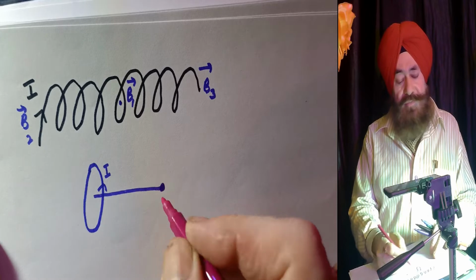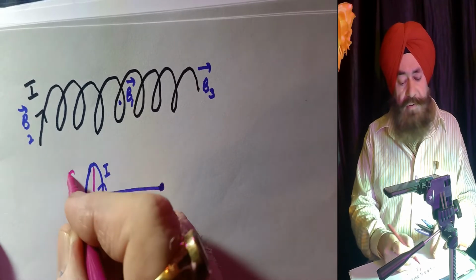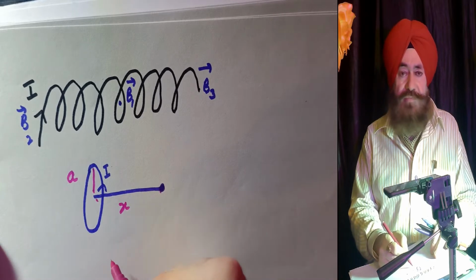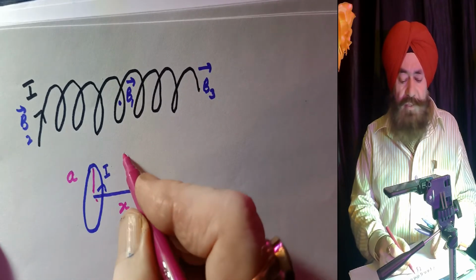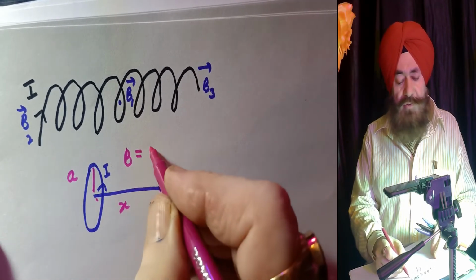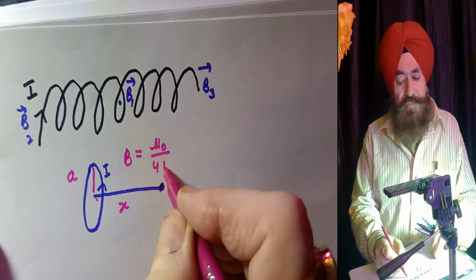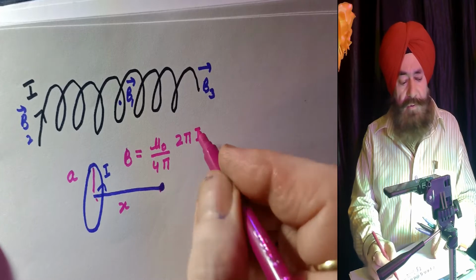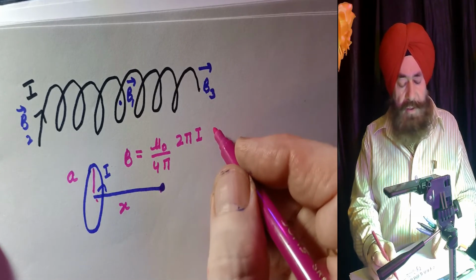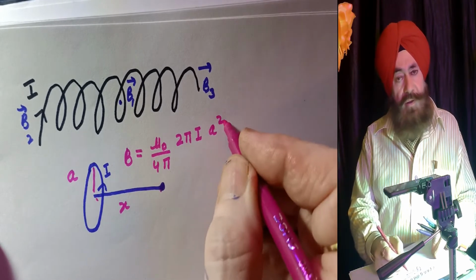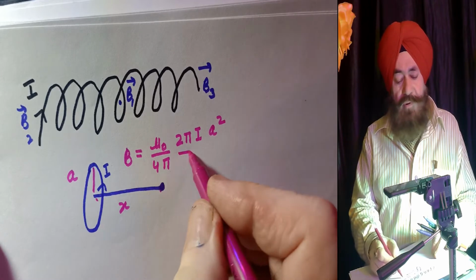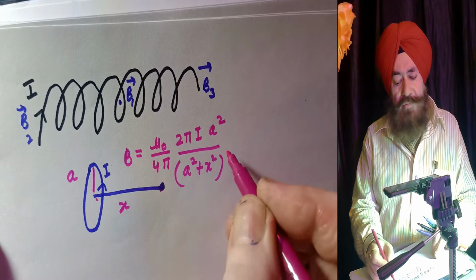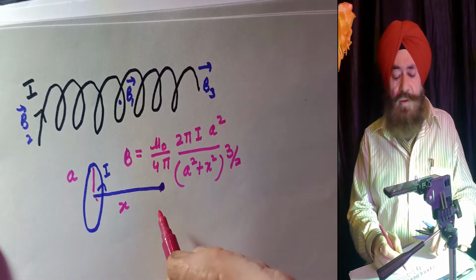The radius of the ring is a. The distance from here to here, let it be x. This formula is B equals mu naught upon 4 pi, 2 pi I a square upon a square plus x square raised to power 3 by 2.